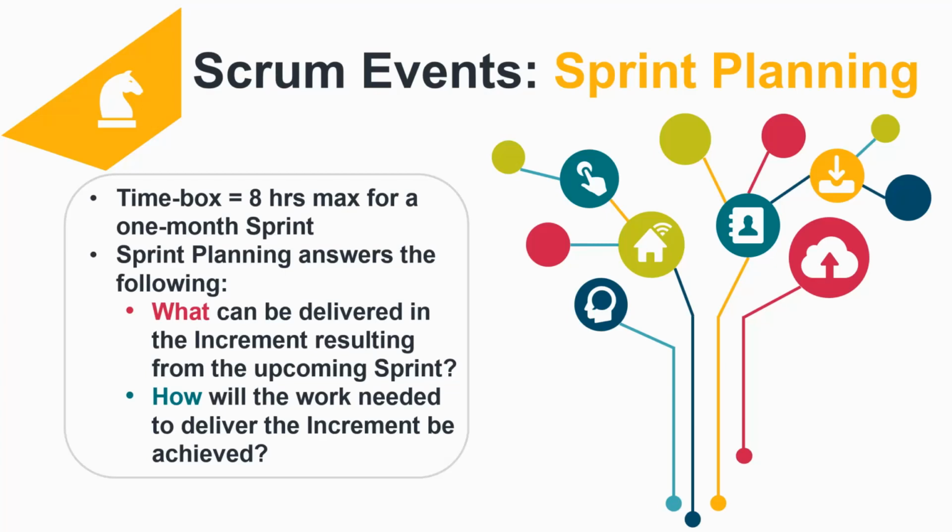Only the development team can assess what they can accomplish over the upcoming sprint. The development team may also invite other people to attend to provide technical or domain advice. By the end of the sprint planning, the development team should be able to explain to the Product Owner and Scrum Master how they intend to work as a self-organizing team to accomplish the sprint goal.